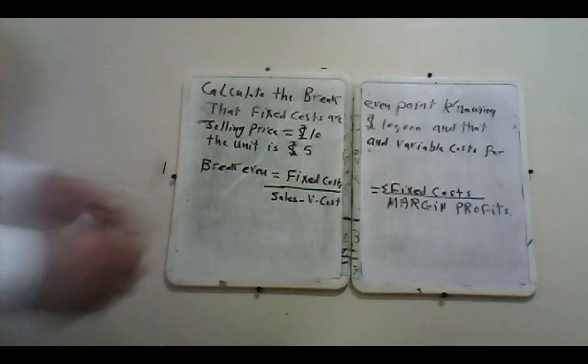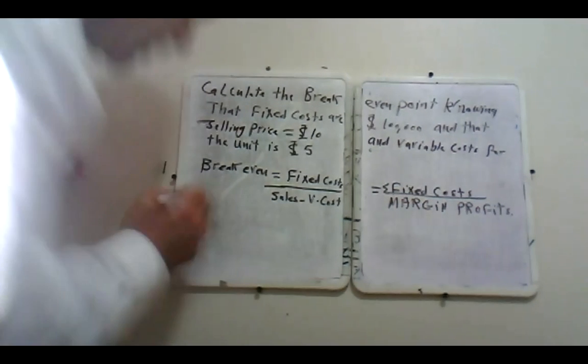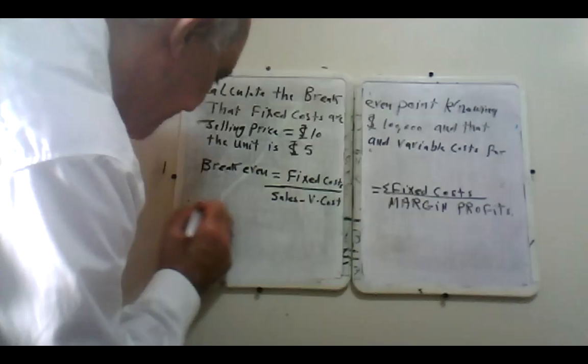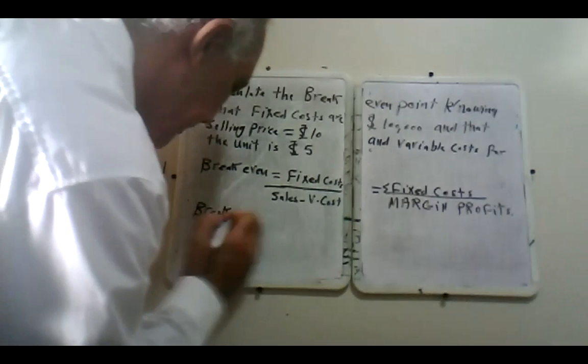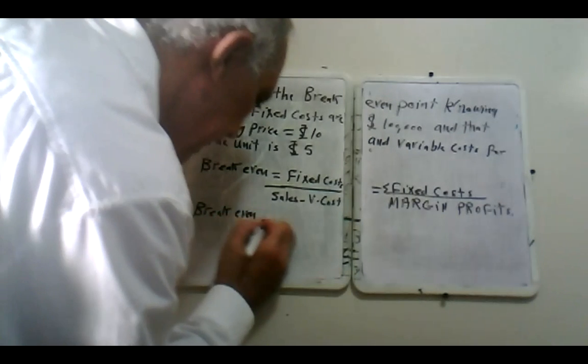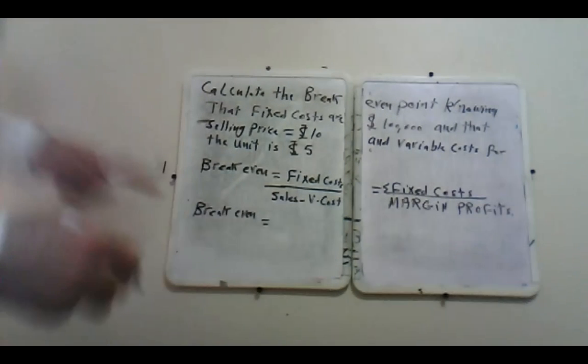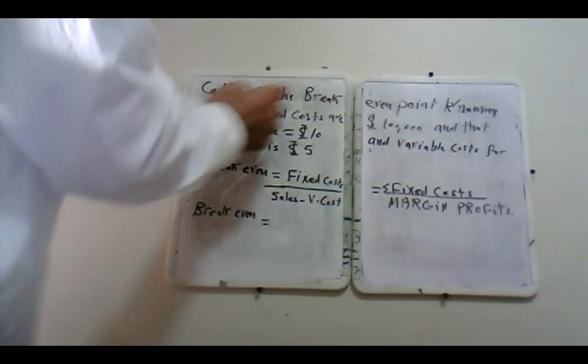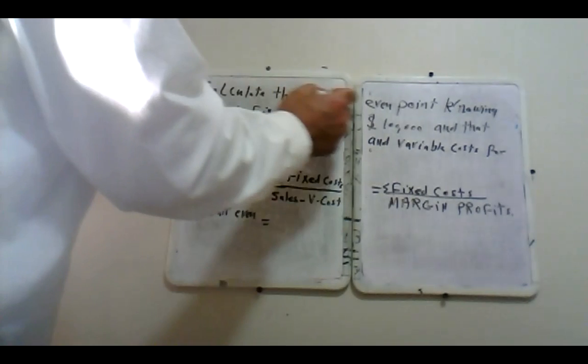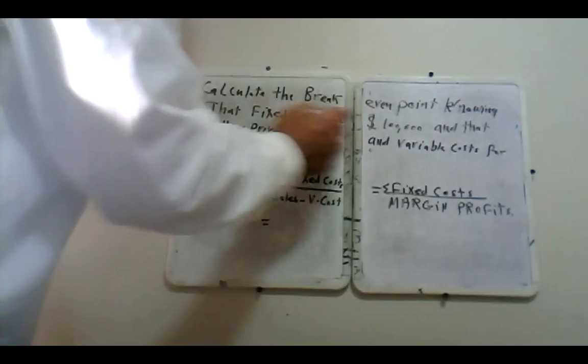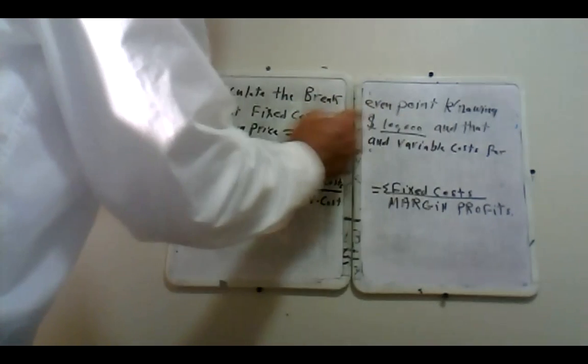Now, to get the break-even point in this example, break-even will equal fixed cost. The question says calculate the break-even point knowing that the fixed costs are 100,000.